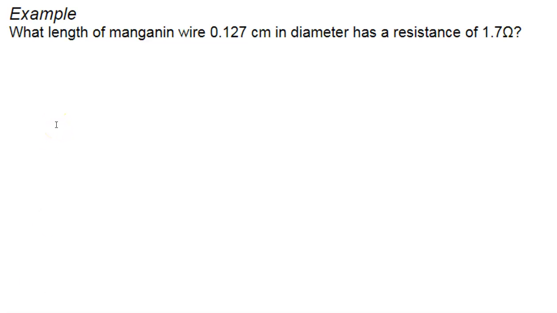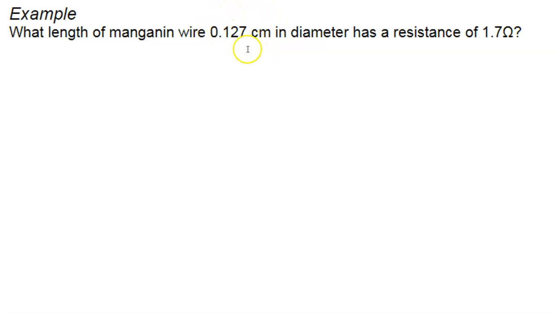Okay, so this one we want to use the resistance of conductors formula, and you'll notice that we have centimeters and we have ohms, and so metric units then, where our base unit is meters, right?